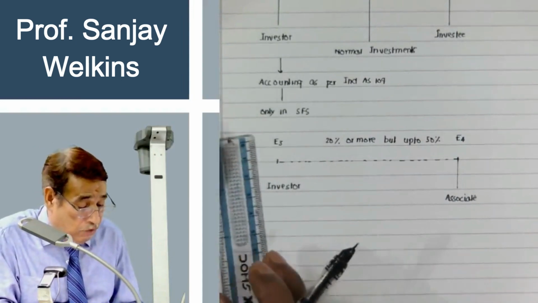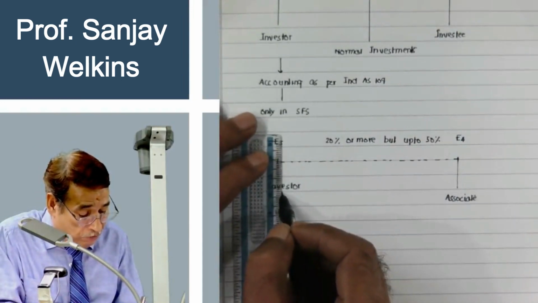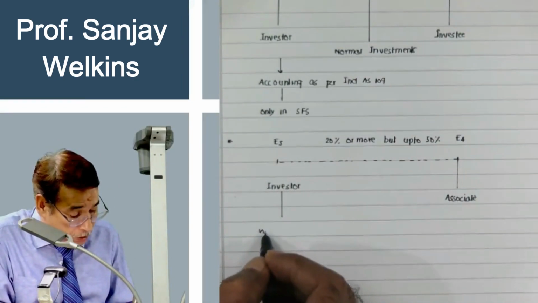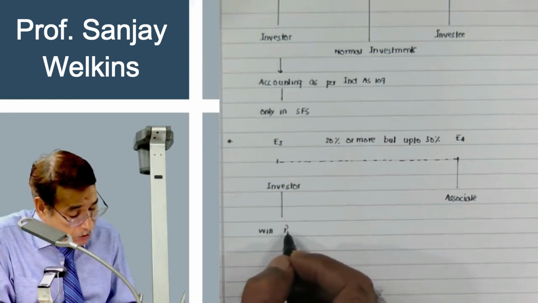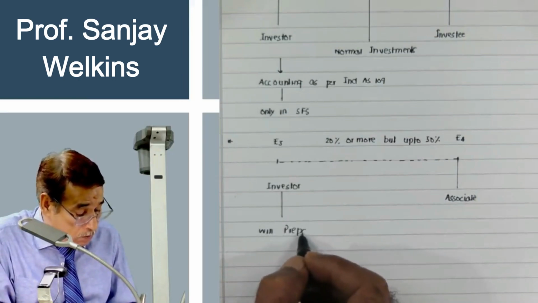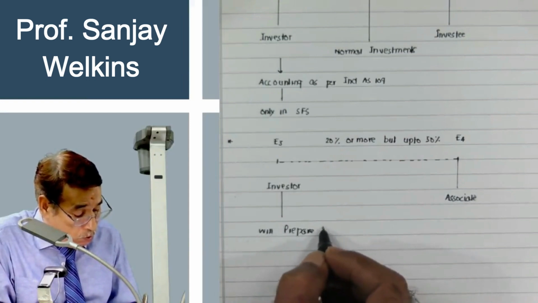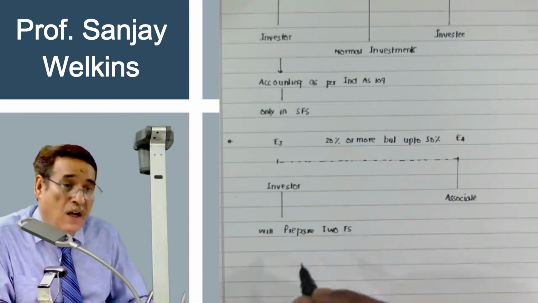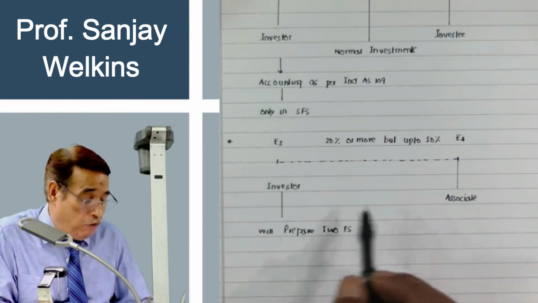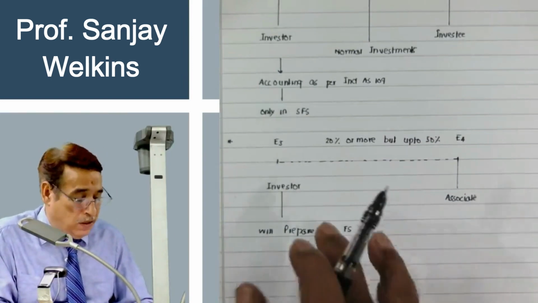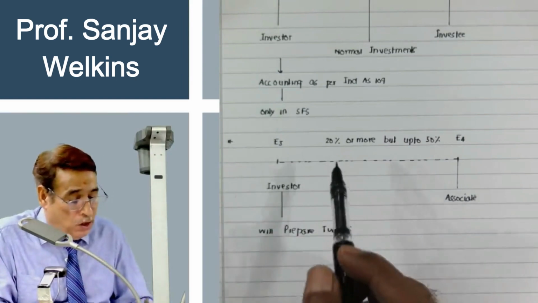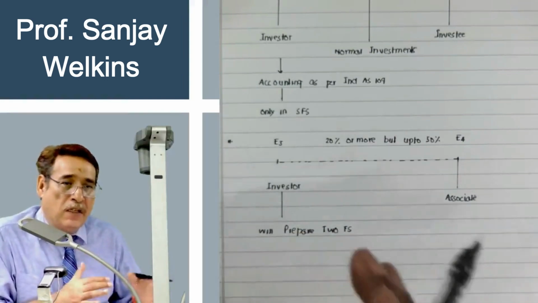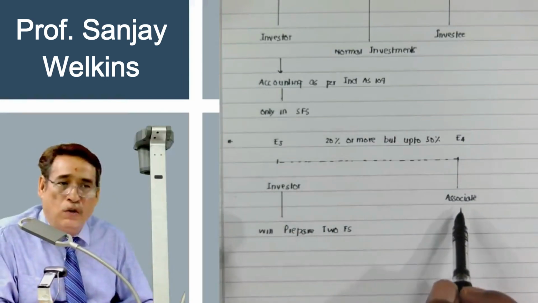In this case, investor will have to prepare two financial statements, unlike the previous case, because this time we have a relationship. This entity will be considered as our associate, because when we acquire more than 20% stake but less than 50%, it gives us significant influence over the other entity.